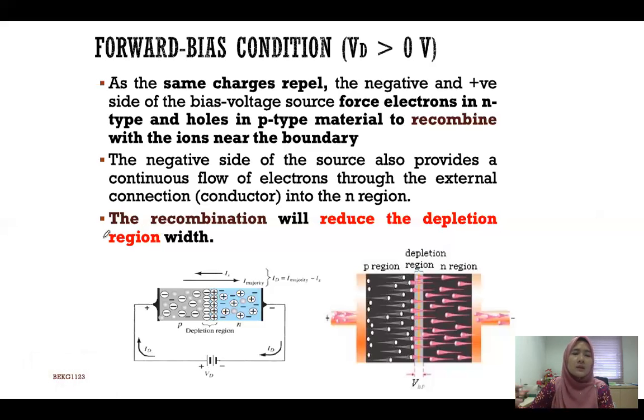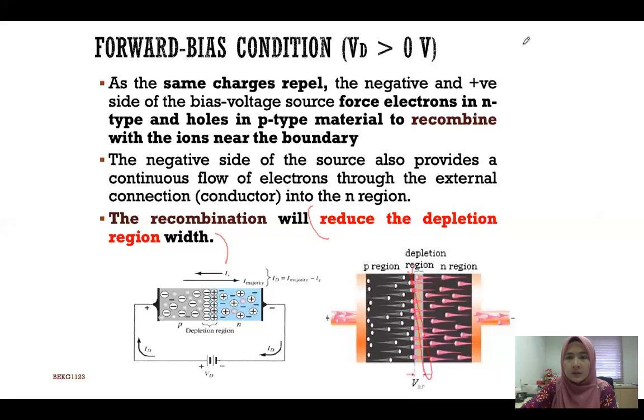And the recombination will actually reduce the depletion region width. So in the forward bias, it will actually reduce the depletion region. This depletion region in the middle will reduce.